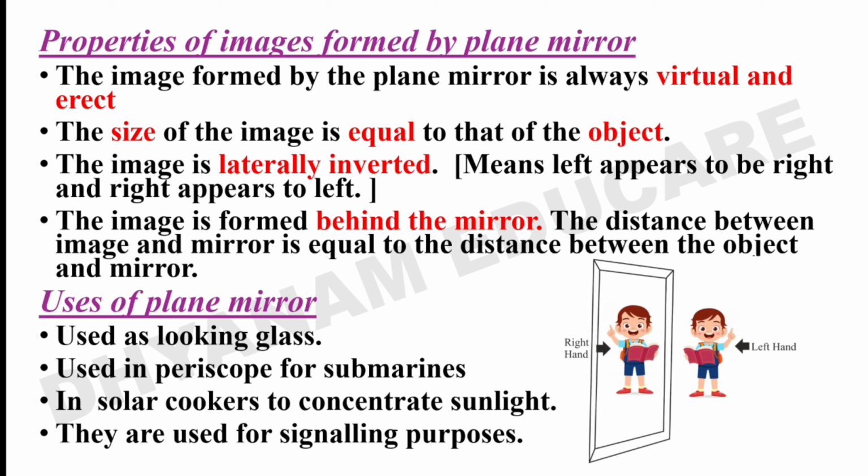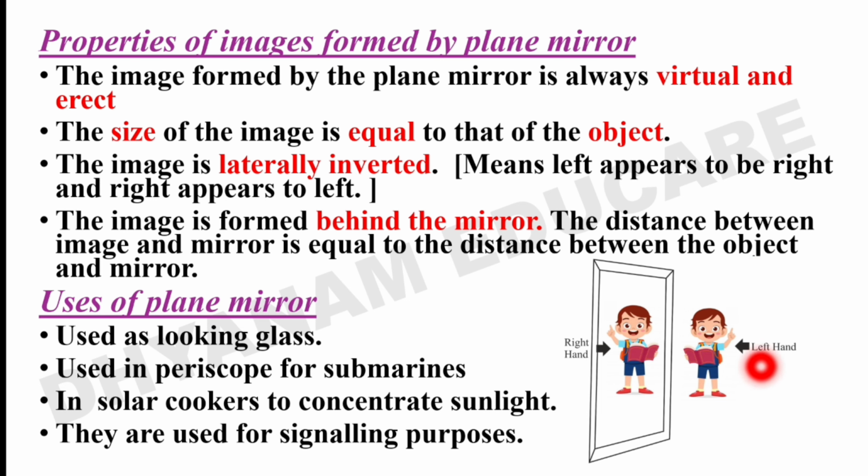The properties of images formed by a plane mirror are: the image formed by the plane mirror is always virtual and erect. The size of the image is equal to the size of the object. The image is laterally inverted, meaning left appears to be right and right appears to be left.